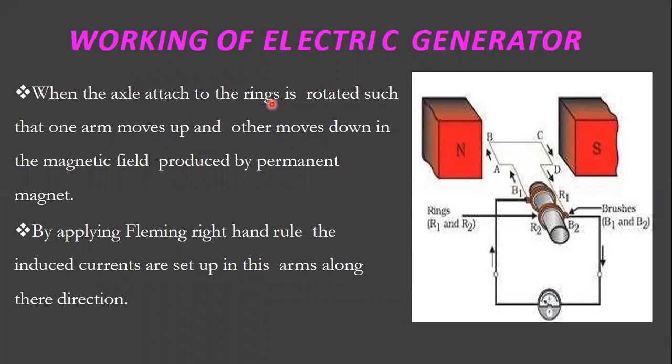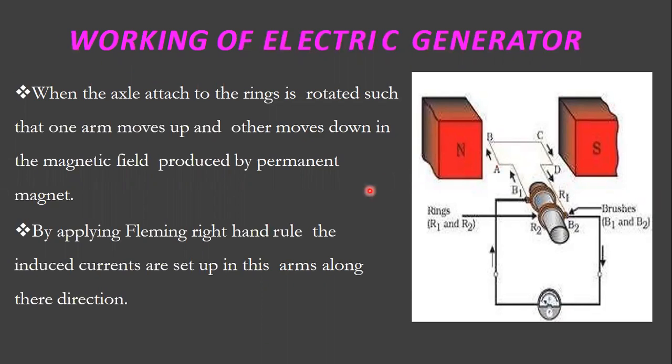When the axle attached to the rings R1 and R2 is rotated, one arm moves up and the other arm CD comes down in the magnetic field, which is produced by the permanent magnet.